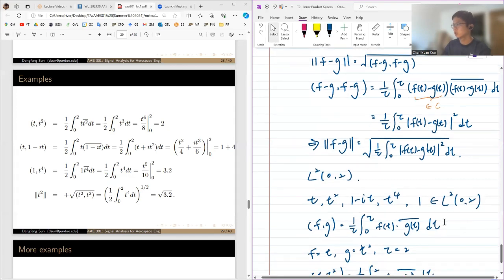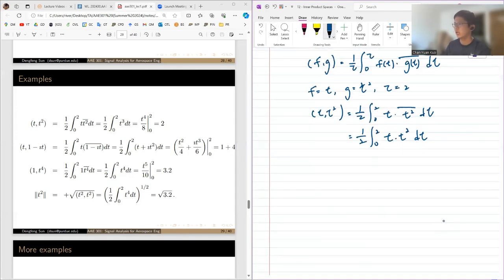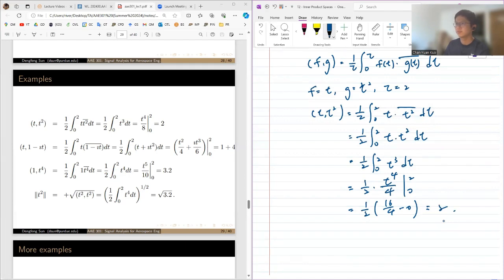So we have 1 over 2, the integral from 0 to 2 of t cubed dt. And that's going to be 1 over 2 times t to the fourth over 4, from 0 to 2. So eventually we will get 16 over 4 minus 0, and that's going to be 2. Great.